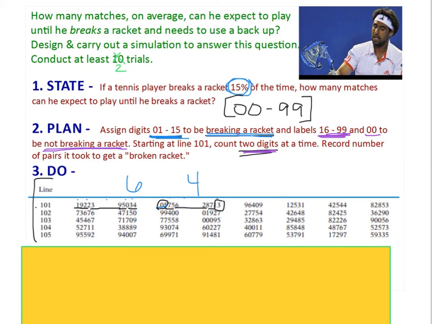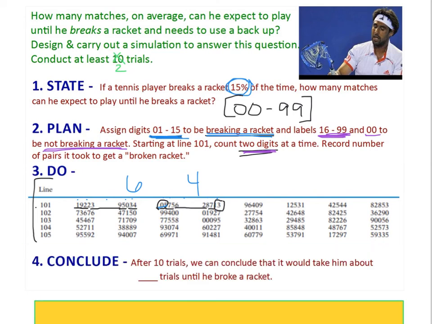So once I conduct all my trials, and like we said, the problem will tell you, or you'll get to come up with your own number, I have to conclude. My conclusion statement is always going to be in a form like this. This is kind of general formatting for it.